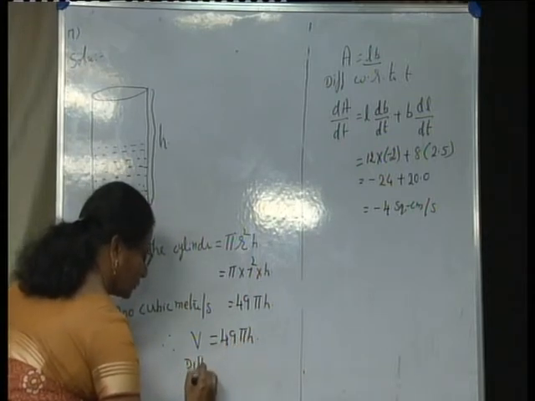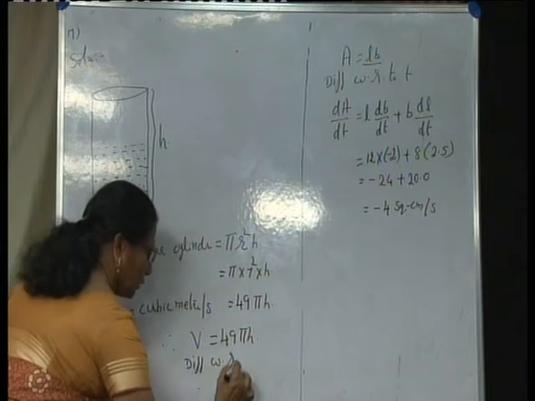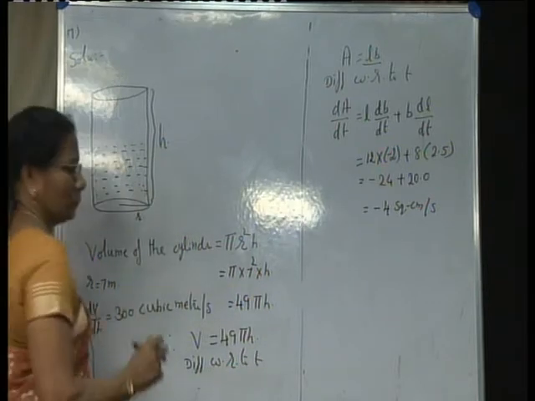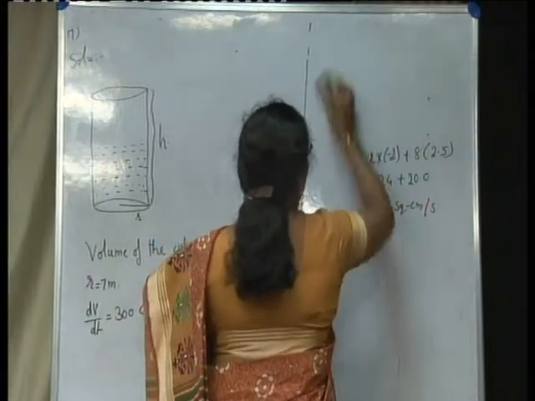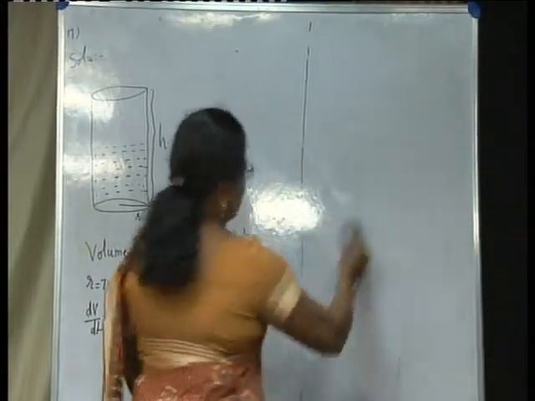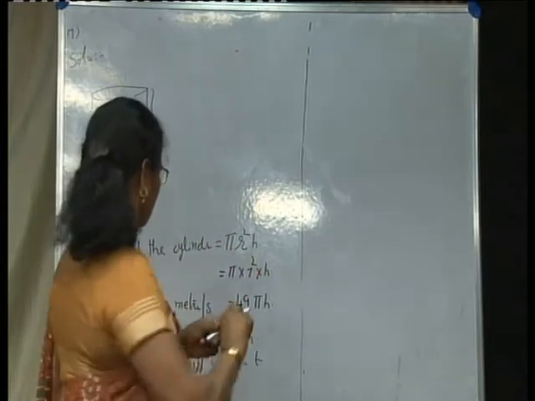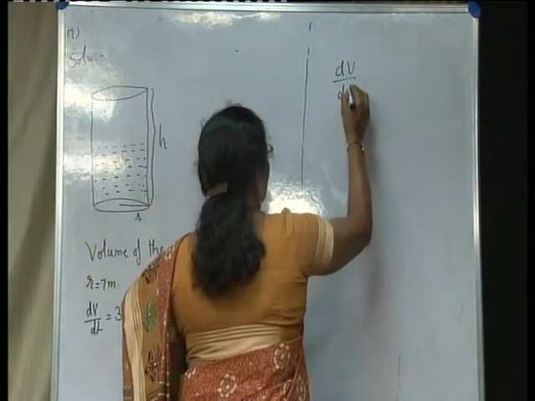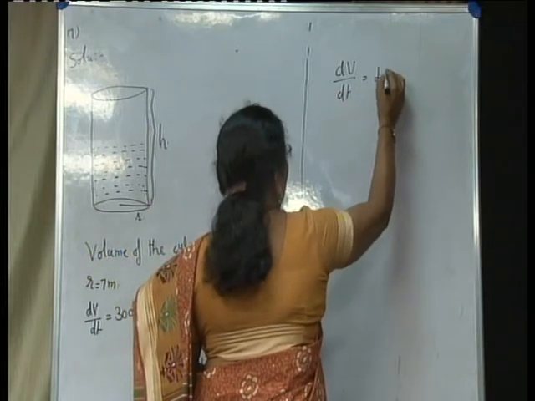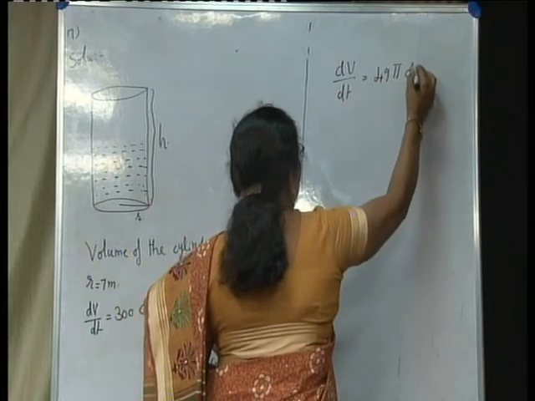Differentiate with respect to t: dV by dt is 49 pi dh by dt.